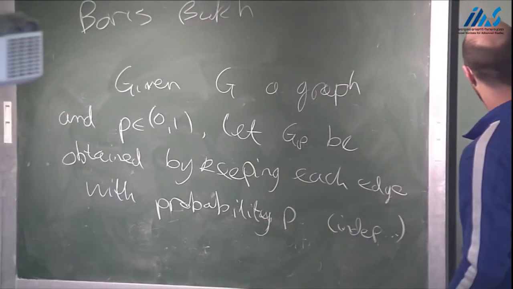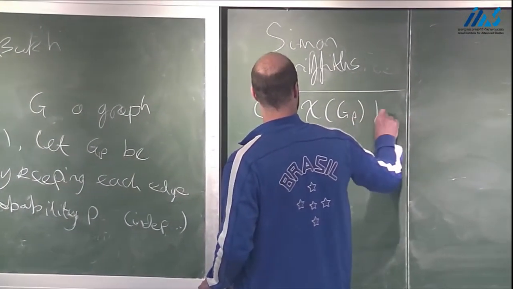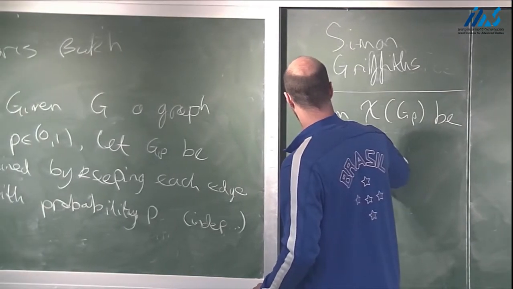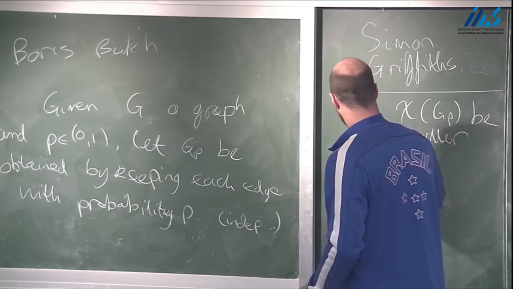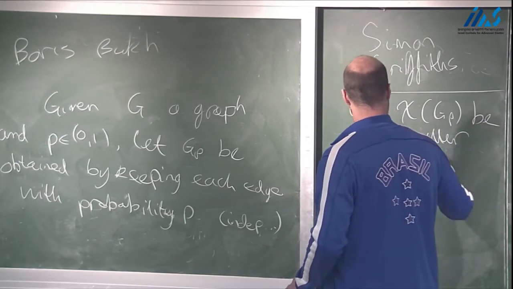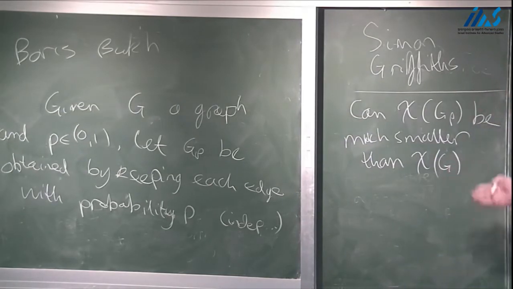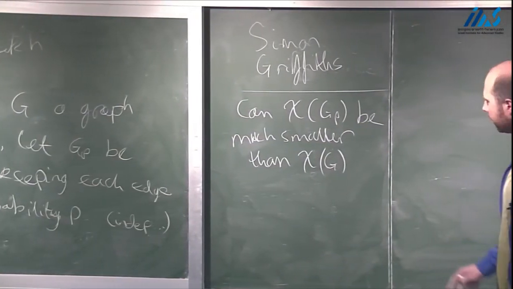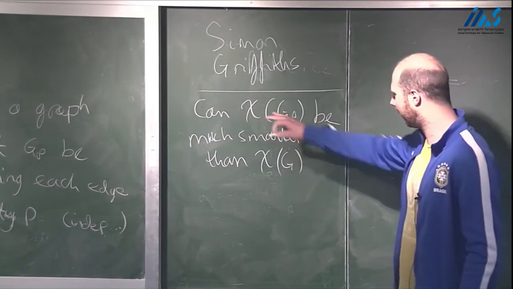So can chi of G_p be much, much smaller than the original chromatic number? So given that we've started with some fixed graph and it probably has a fixed number of vertices, maybe the right way to talk about it is actually to look at the expected value of the chromatic number.